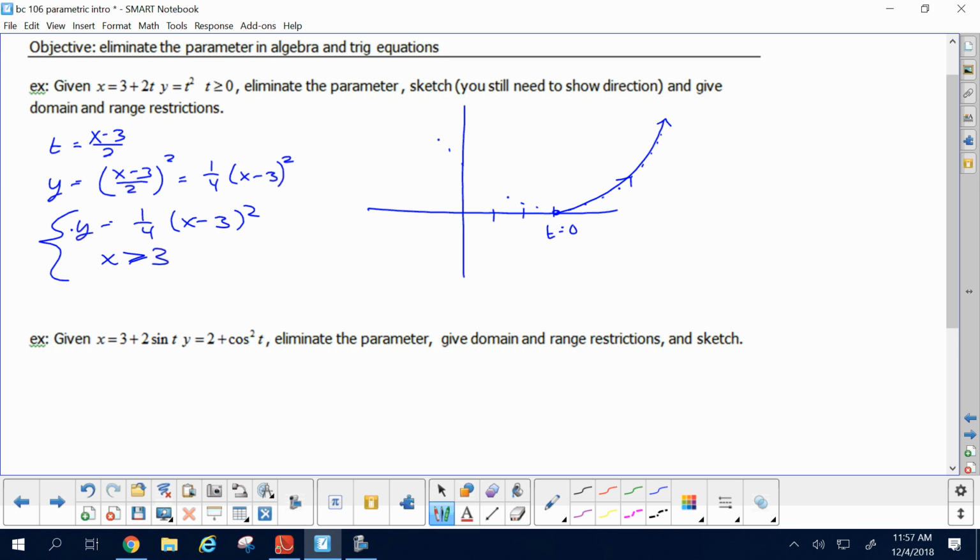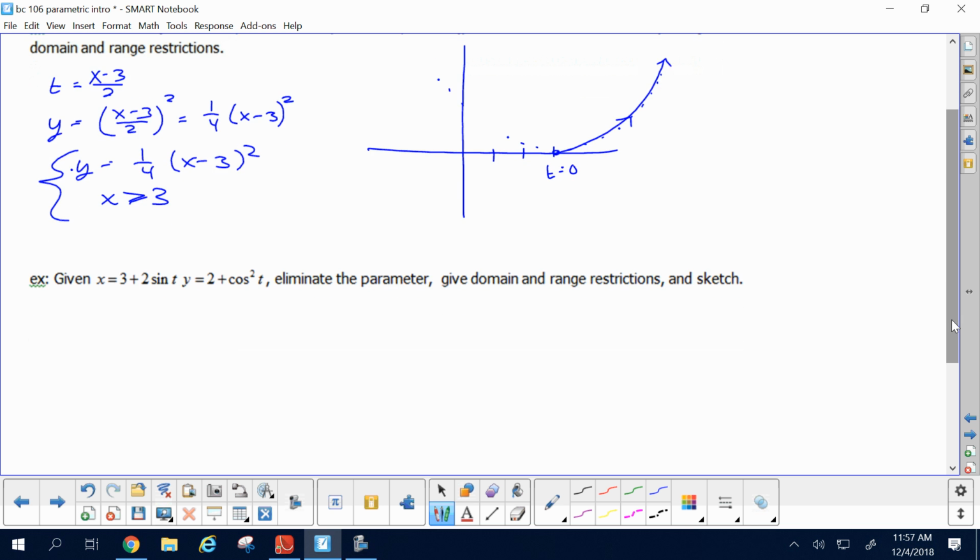You with me? Okay, we also talked yesterday about eliminating the parameter in trig. How do you eliminate the parameter in trig? I went way too fast here, so I'm going to slow down. You use an identity. So your goal is to get the fact that sine squared plus cosine squared equals 1. We're going to use that. Now, in order to use that, surely we would need sine squared.